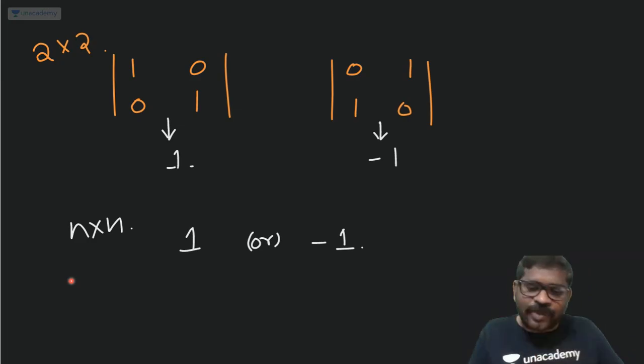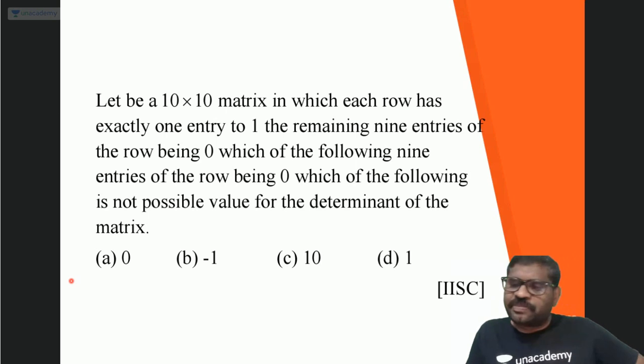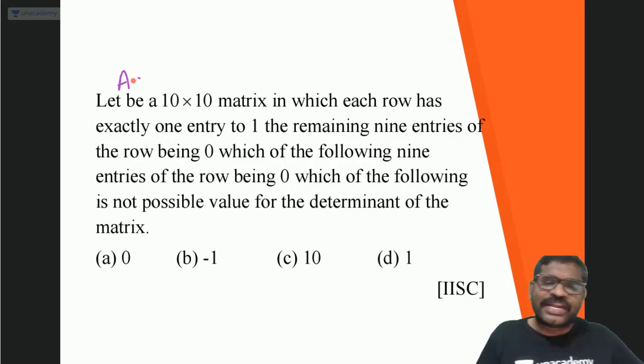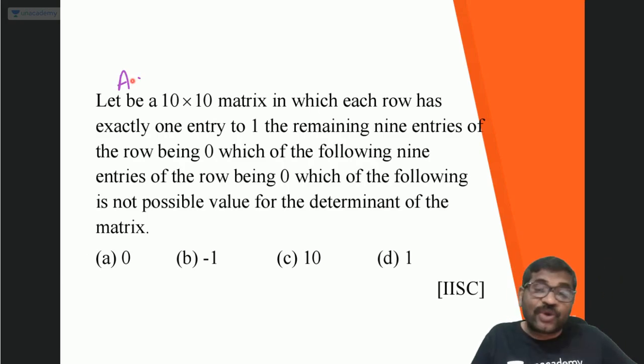Now, come to the problem. Next problem. Let A be a 10 cross 10 matrix in which each row has exactly one entry 1.